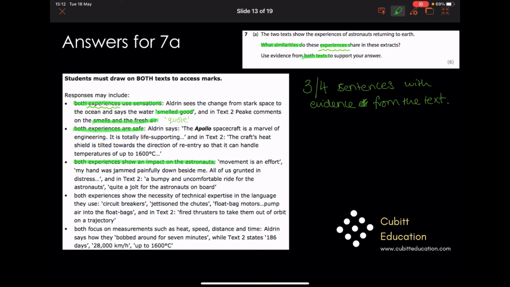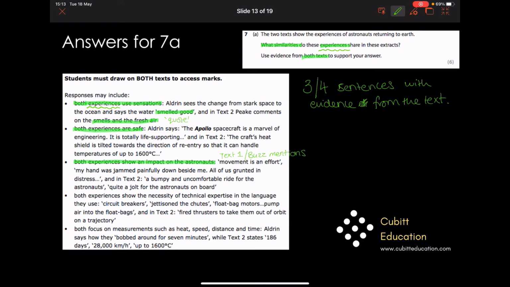Okay, so the first one, movement is an effort. My hand was jammed painfully down beside me. That was from text 1. All of us grunted in distress. Make sure, again, something that's probably missing there is text 1 or Buzz mentions.